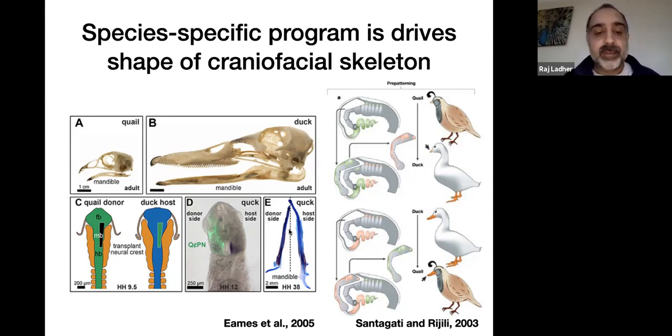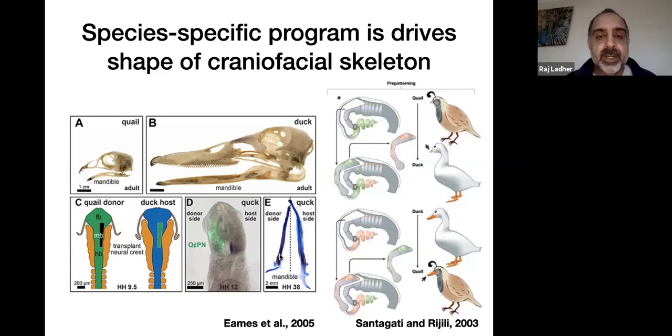So this kind of experiment is incredibly important. I think it tells us that the neural crest has plasticity, of course. It has its own program as well that is set up much earlier.